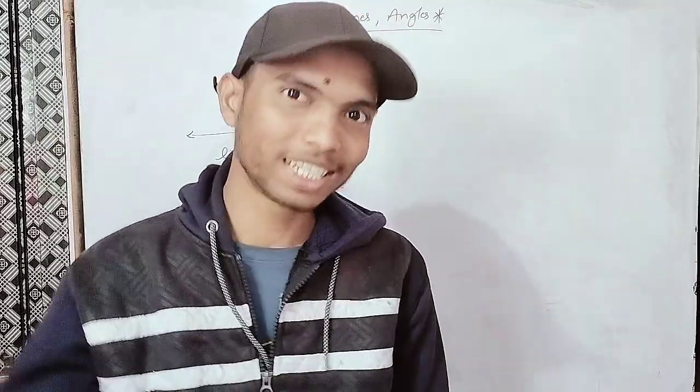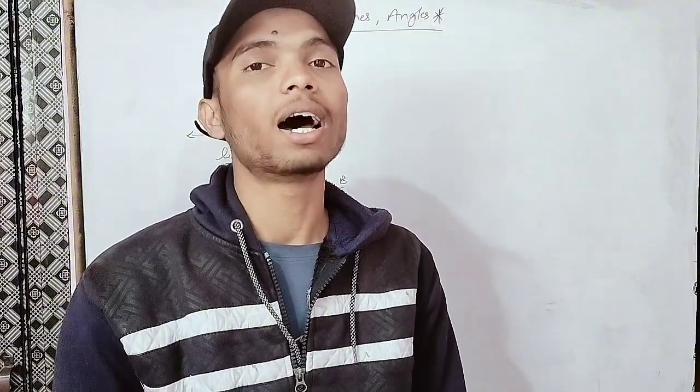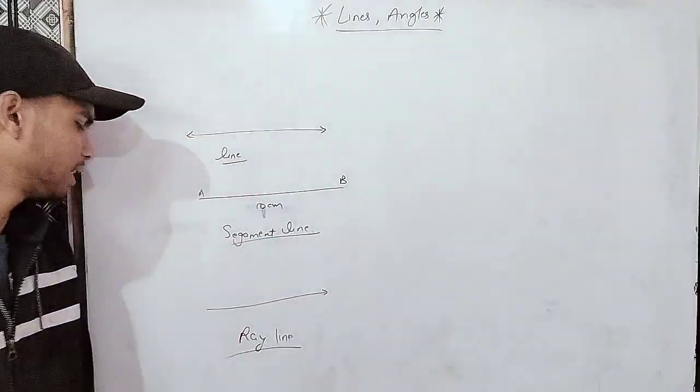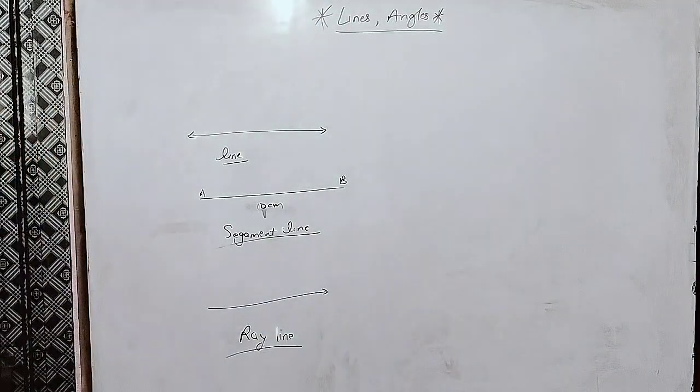The direction of the sun's rays is infinite. That's why this type of line is known as a ray line. Instead of arrow line, we can say that.